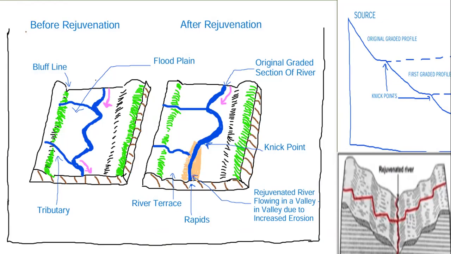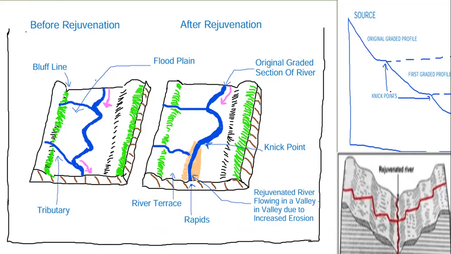There are landforms formed after rejuvenation. One is the nick point. This is when there is a sharp break of slope. Here it's a break of slope. Again, a sharp break of slope in the smooth concave profile of the river.